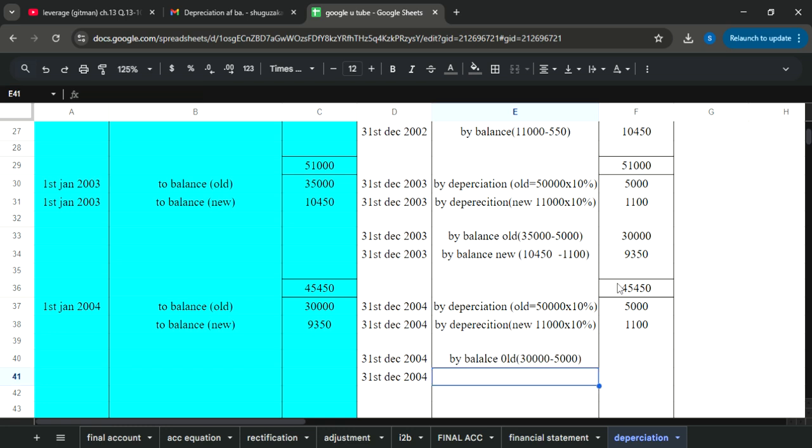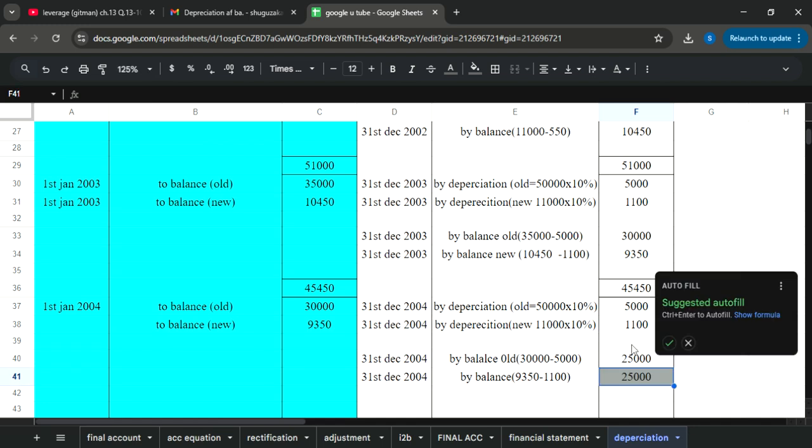Then you will calculate the balance, and the value of the asset was 9,350, and you will subtract its depreciation 1,100. So in this way, first the old asset, once again 30,000 was the value, 5,000 depreciated, the asset value is now just 25,000.